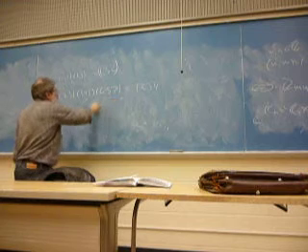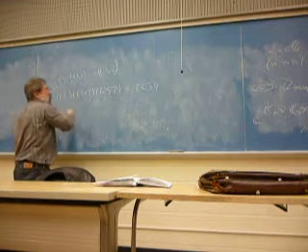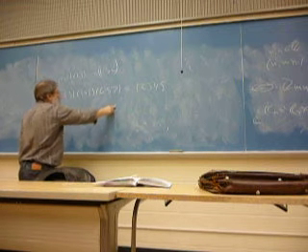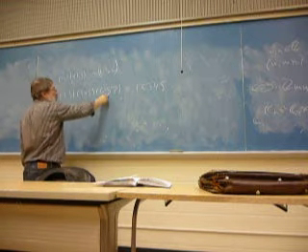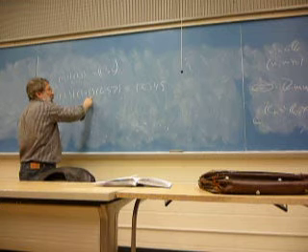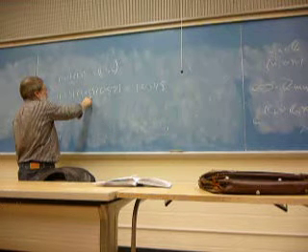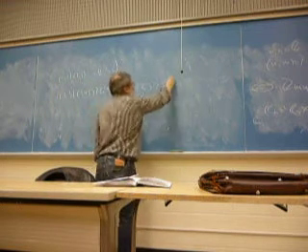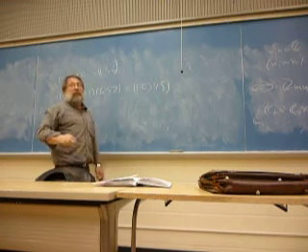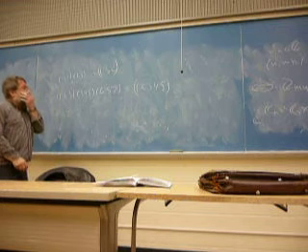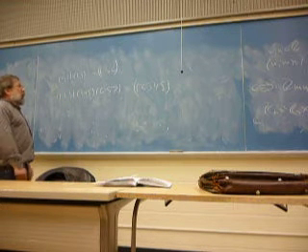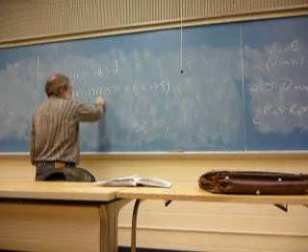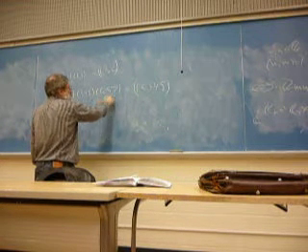Take 4, it goes to 5, nothing. Take 6, it goes to 5, 5 goes to 3, 3 goes to 1. Cycle. 1, 2, 3, 4, 5. Well, I still have 6 and 7 to look at. 6 goes to 7.